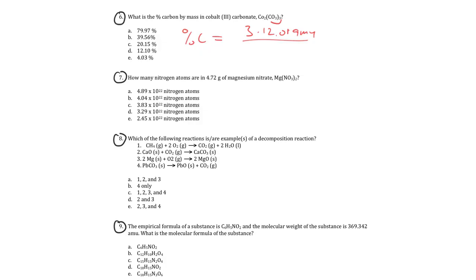So I have 3 carbons in the formula, and then I need to take the sum mass of 2 cobalts. So cobalt is 58.93 times 2, plus 12.01 times 3, and then plus 16.00 for the O, and there's 9 of them.